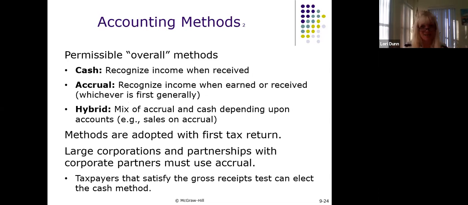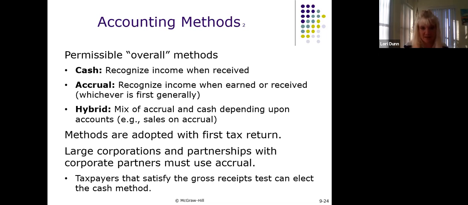You get the cash, whether you did the service or not, you show that on your tax return. And remember, sometimes we don't have to have the cash in our hand as long as it's constructively received. So we had access to it and there was no restrictions on it. You show that on the tax return in the year it's constructively received. We talked about that already.